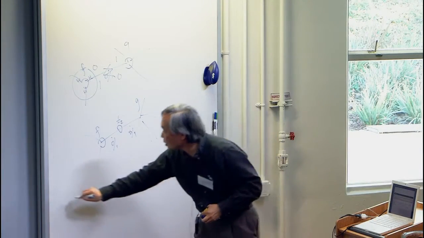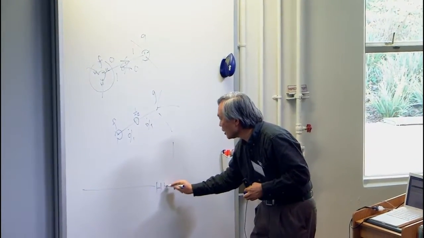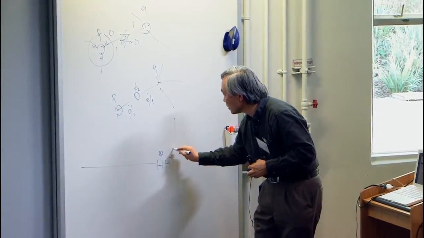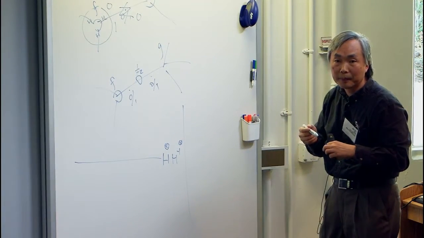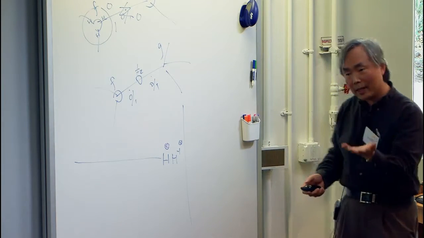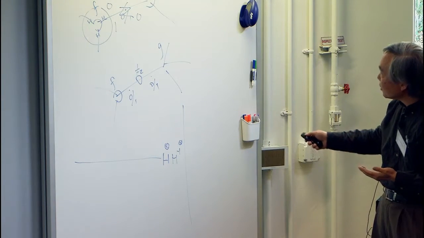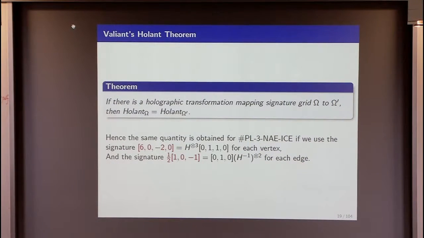So you have this dot product, and I'm multiplying by an H and H inverse to its high power, and then the tensor product distributes all over. So the value is unchanged. But then I can imagine as if the local function is not the f, but this 6, 0, minus 2, 0. Now you can see that the minus signs do come in, and that this is important, that I allow myself this freedom to do this business.